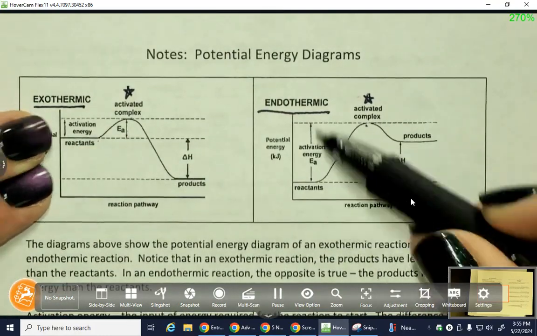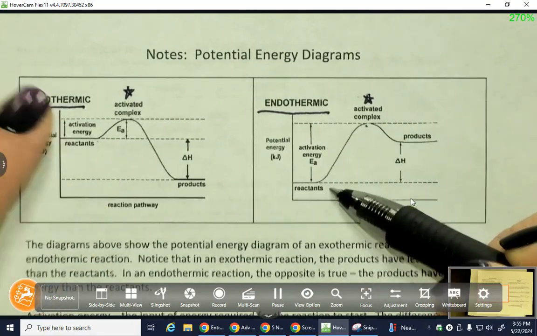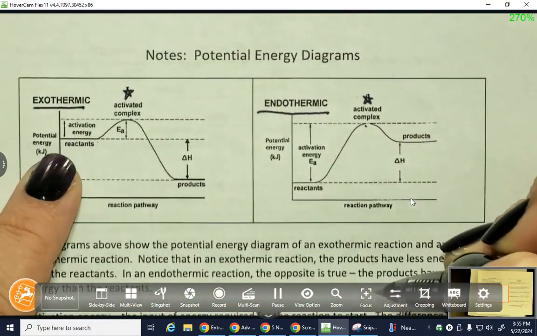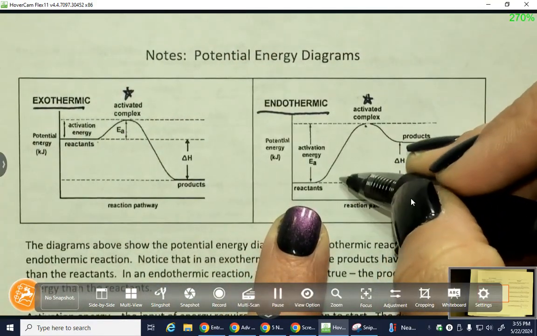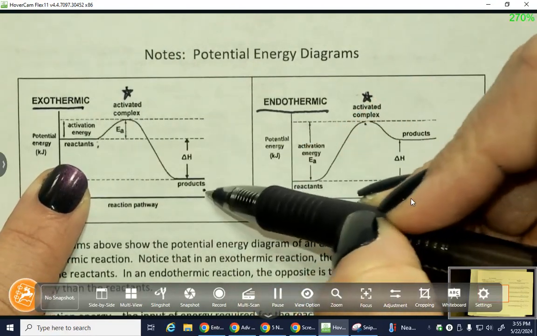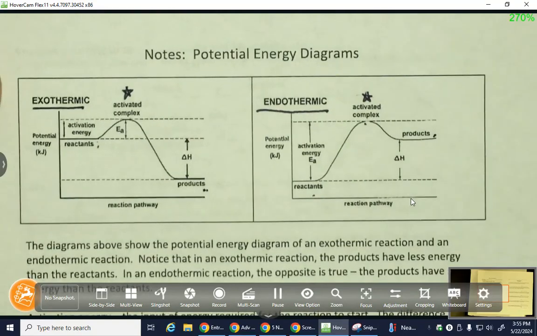Now, the amount of energy it takes to get there is what's different for exo versus endo. You start at different places: a high reactant or a low reactant, and then you finish either low or high. That's the part we're going to focus on.